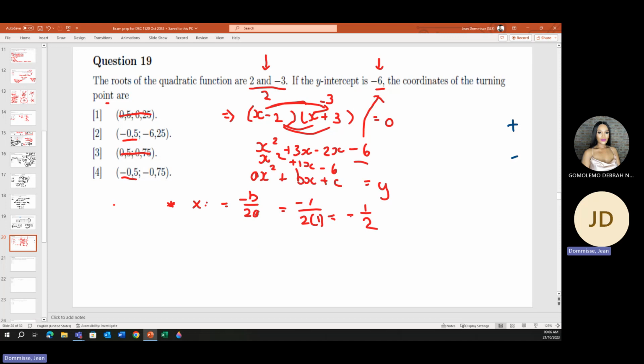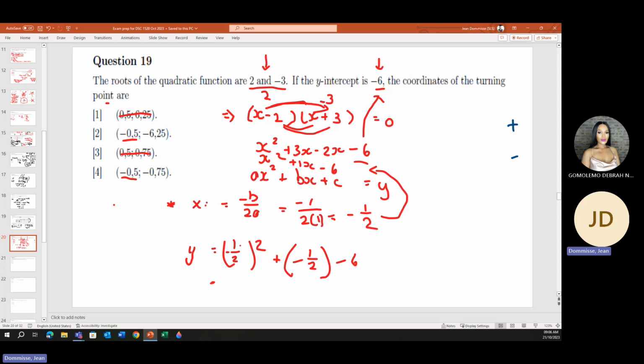So the easiest way now to calculate the y turning point, the y of a turning point, is to put this minus a half back into the original formula. So we have the minus a half to the power of 2 plus minus a half minus 6.